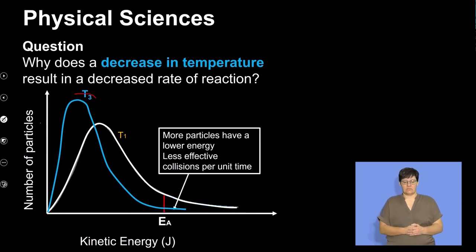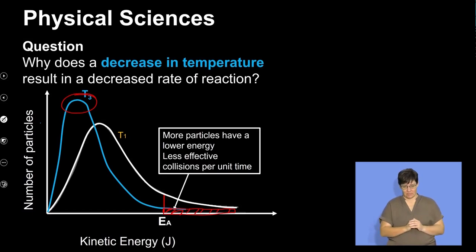So when we have a decrease in our temperature, we have more particles that on average have that kinetic energy. And if we look at our blue curve, only that part of the particles will actually result in product, because only that part of the particles will have effective collisions.